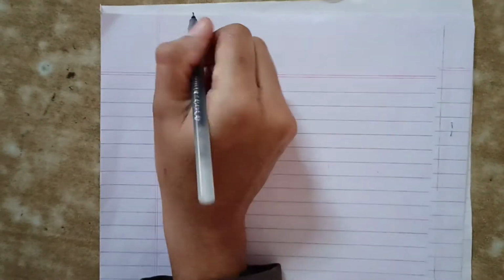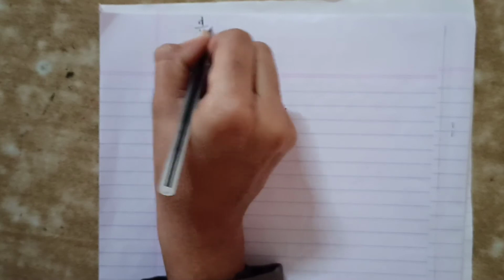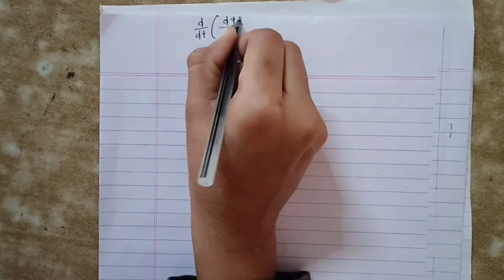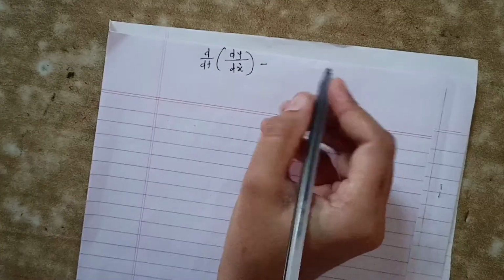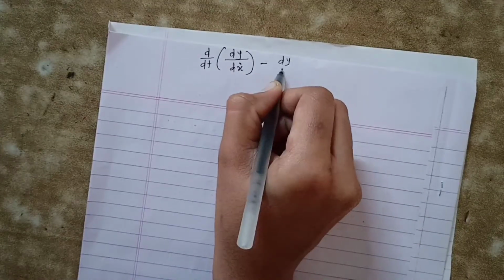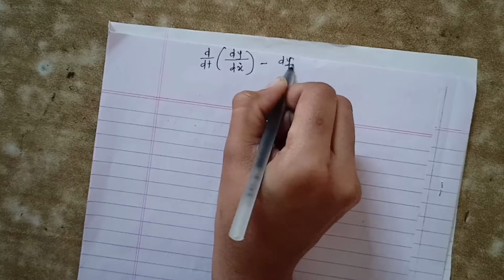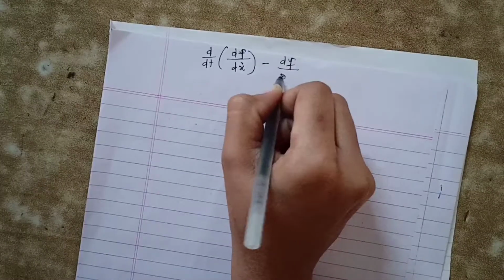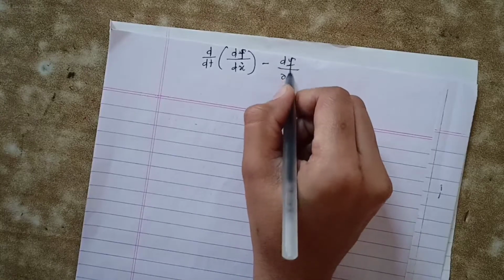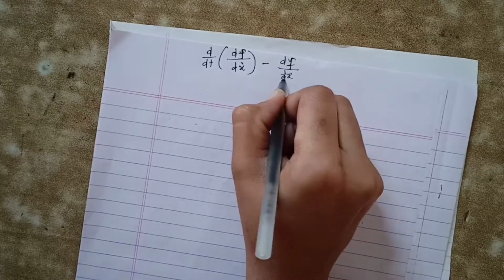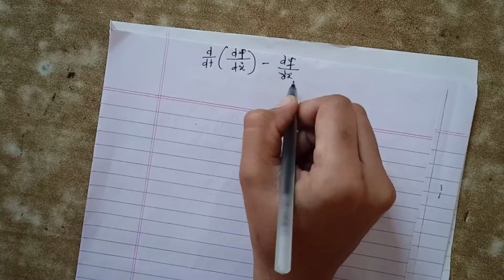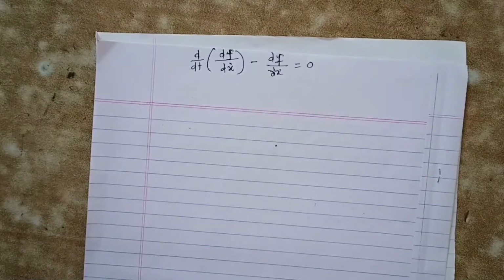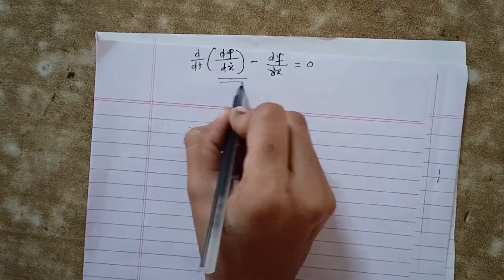The Euler-Lagrange equation in general is d by dx of del f by del y dot minus del f by del y is equal to 0. The variation is 0 when f satisfies the Euler-Lagrange equation.